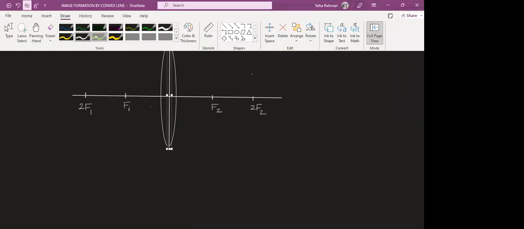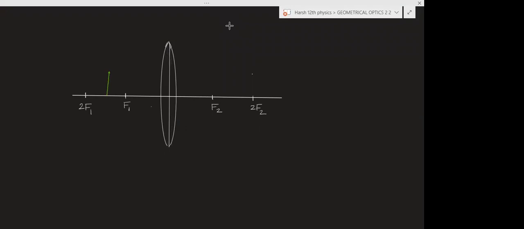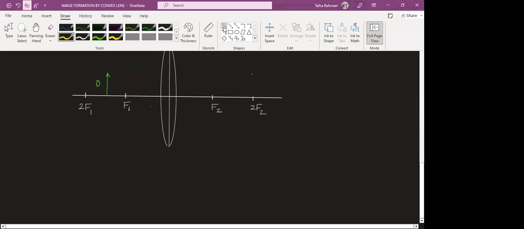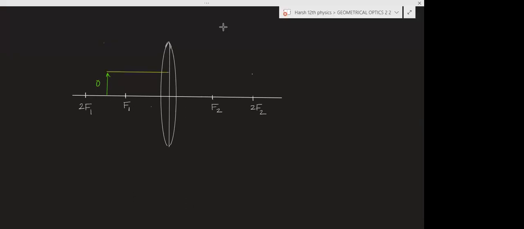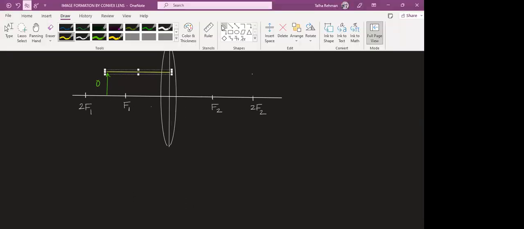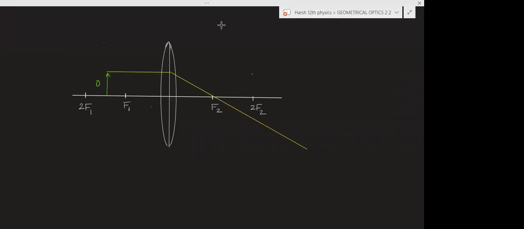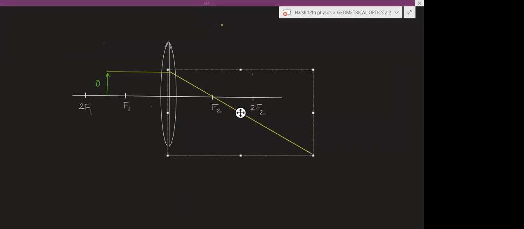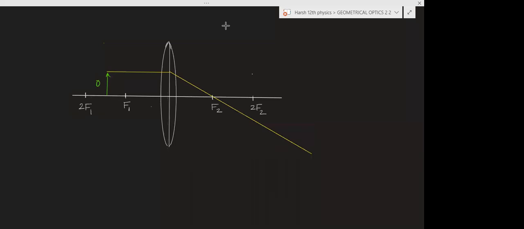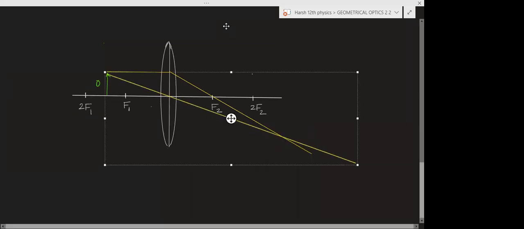So now I am placing the object here. Now again, two rays from the object. The first ray is parallel to the principal axis. After refraction, it will pass through the focus. Another ray from the object goes like this.